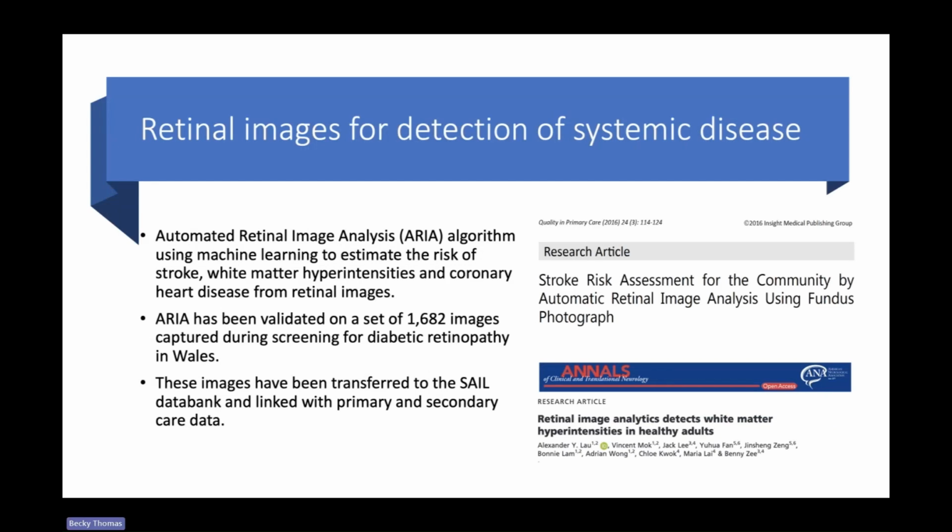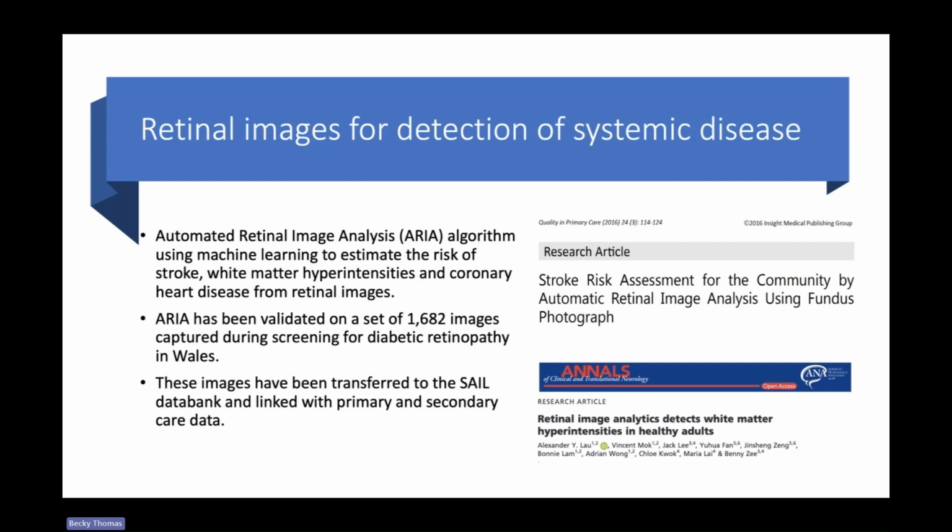We've started to move over to look at the retinal images, and this is where one of our major issues is coming from. So we work with a team from the Chinese University of Hong Kong. They had developed an automated retinal image analysis algorithm using machine learning. They used R and MATLAB to develop that, and they have patented it.